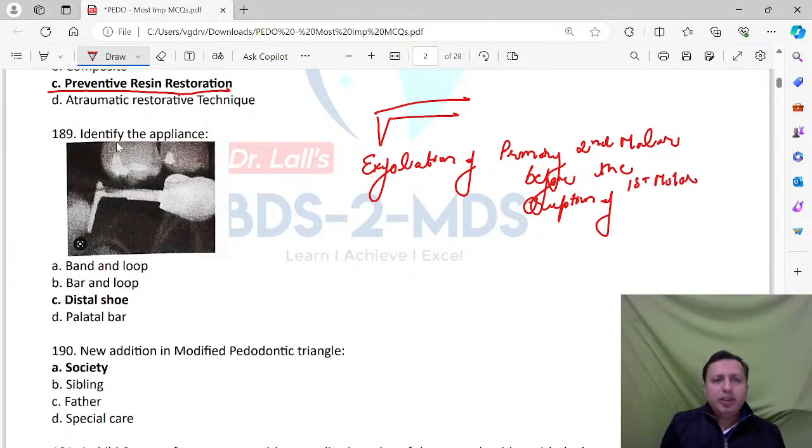Okay, so here a V-shaped notch or an extension is given, that is basically guiding the unerupted first permanent molar. Okay, so it is acting as a guiding appliance.